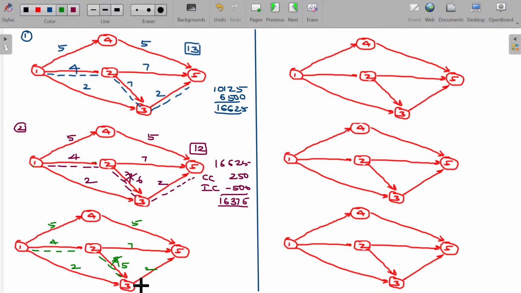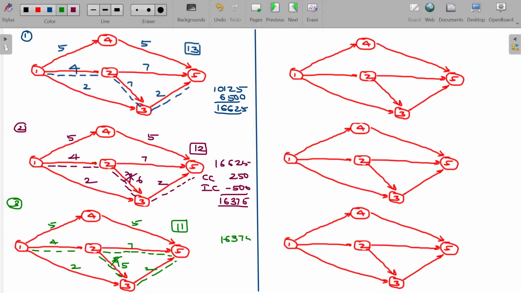Not only that, one more path, 2 to 5 also becomes what? Critical. Non-critical activity becomes critical now. Anyhow, the duration is only 11 days. Because of this crashing, we now identified one more critical activity also.